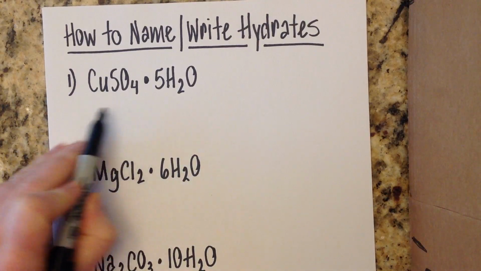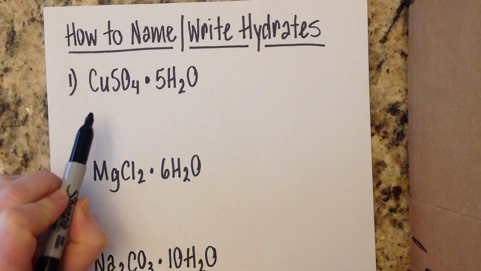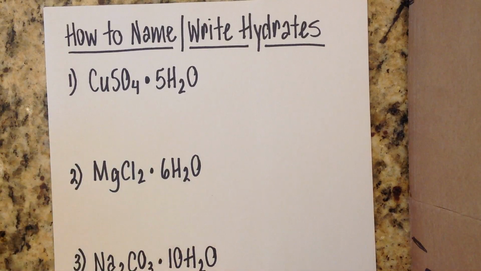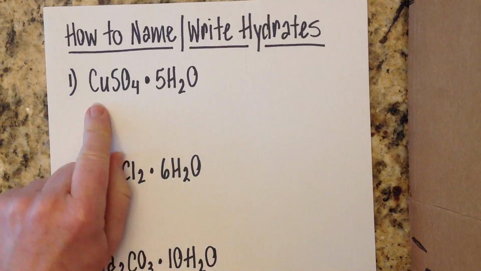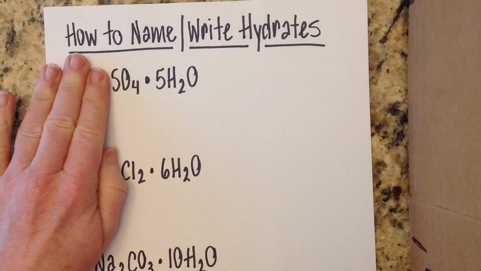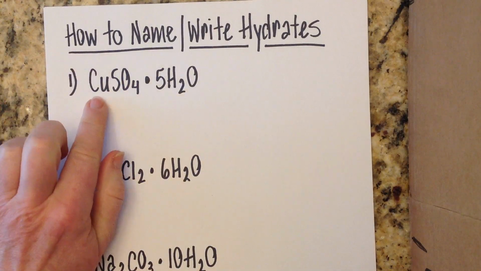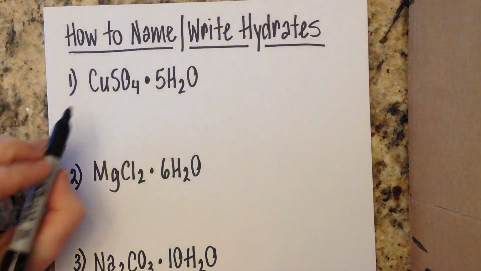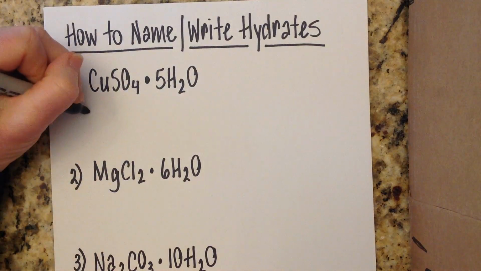Also, I want you to notice that copper is a transition metal, so we actually are going to have to use the stock method for this one. What I see is copper is in a 1-to-1 ratio with sulfate. I know the charge of sulfate is -2, so this copper was a +2 because they would have canceled each other out. So this is called copper 2 sulfate. So we're going to write that down.